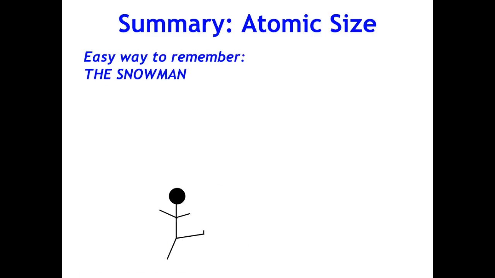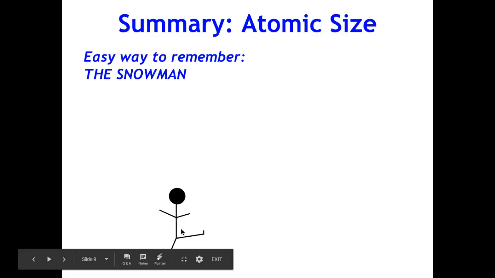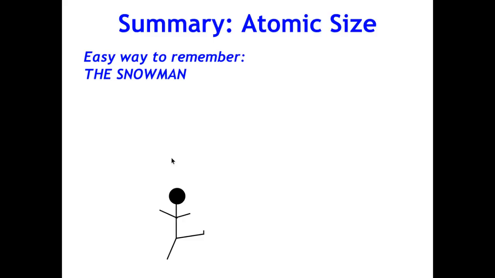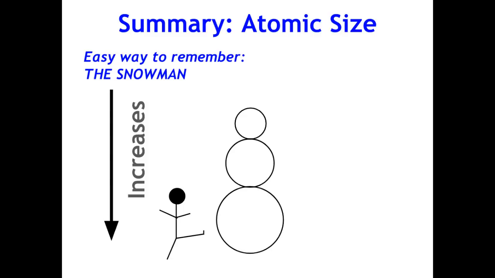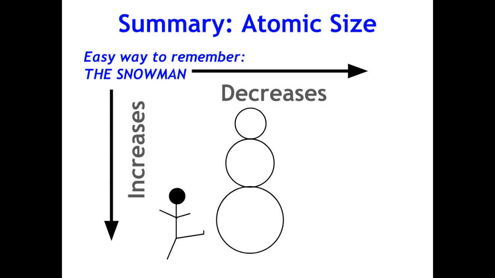So summary. How can we remember atomic size on the periodic table? The periodic trend of atomic size. The snowman. So this is like this really angry dude sitting here. Someone stole his Honey Nut Cheerios that morning for breakfast, and he's ticked. So he's going to walk around the neighborhood, and whenever he sees a snowman, he's going to karate chop him in the gut, and that snowman falls over.